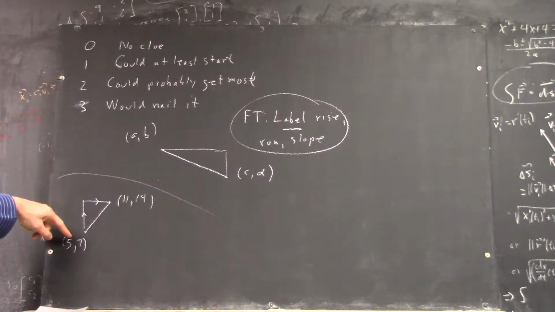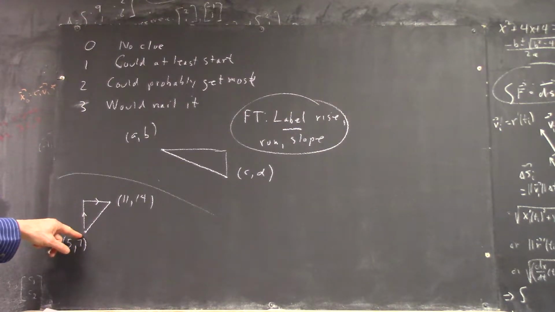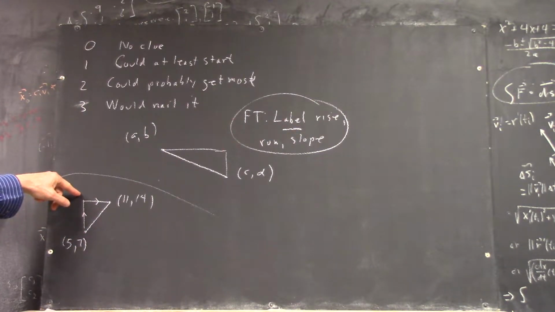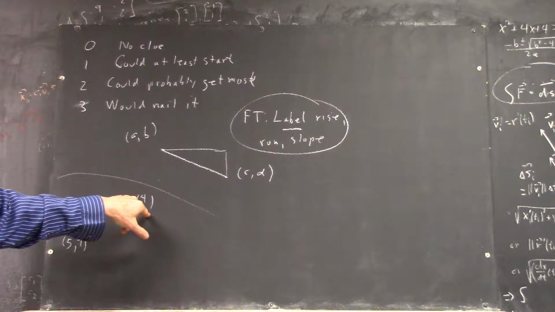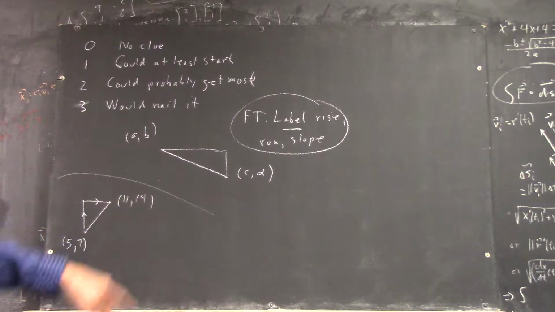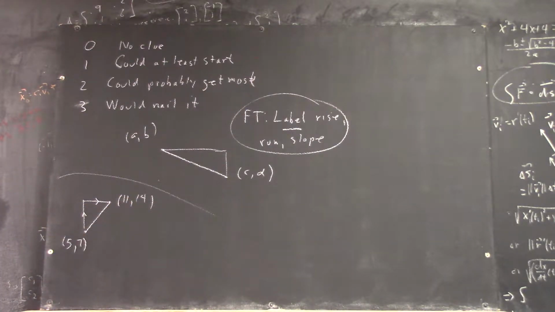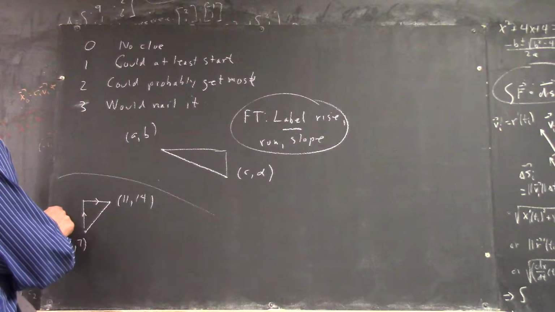So anyhow, we're going vertically, right? We're going in the y direction. We're going to use the y coordinates, 7 and 14, right? So what's the calculation with 7 and 14? 14 minus 7. So I'm going to write that down.